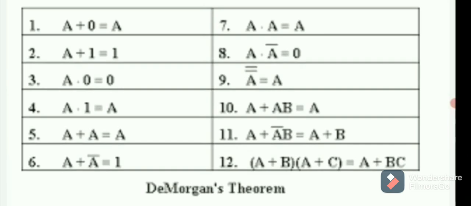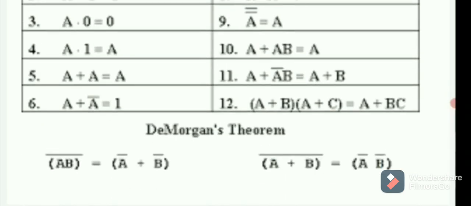A.A equal to A, and A.A bar equal to 0 for the AND law. Next, A double bar equal to A. Next, A or A.B equal to A, A or A bar B equal to A or B, and (A or B) multiplying (A or C) equal to A or BC.